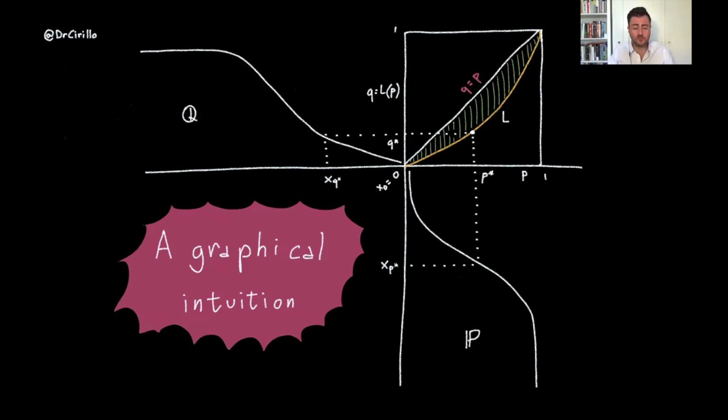A nice graph that I like to show you, which is not very commonly found, is the following. Imagine that we start from the unit square that you see on your screen. This unit square is the square where we have our Lorenz curve, which in reality lives in the lower triangle, but it's not a big deal.